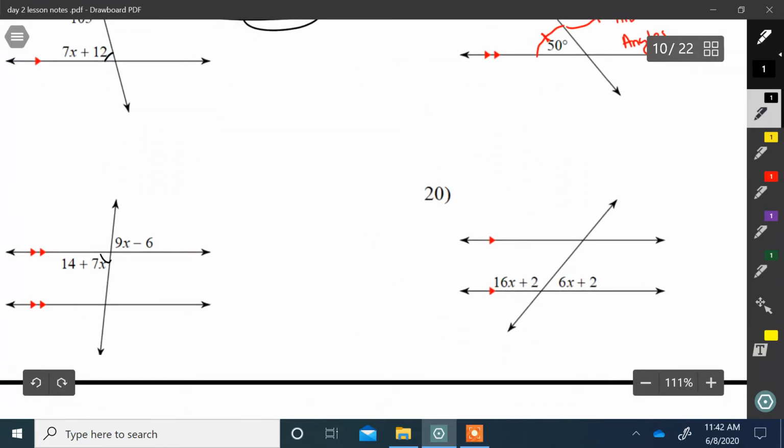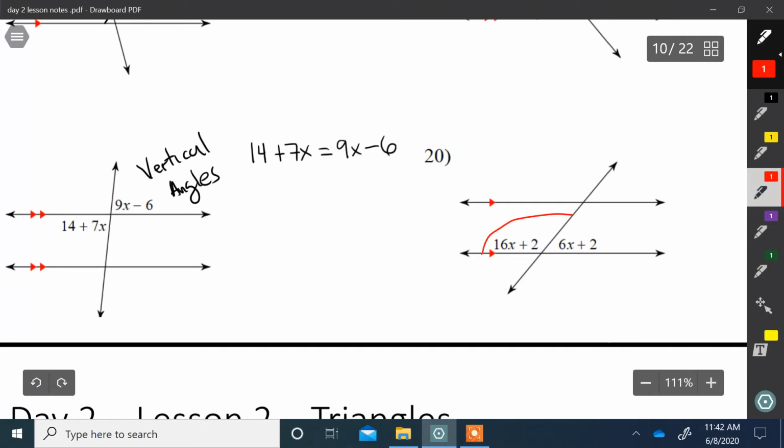These ones are actually vertical angles. And we know that vertical angles are congruent. So if vertical angles are congruent, then I'm going to set this one like this: 14 plus 7x is going to equal 9x minus 6.